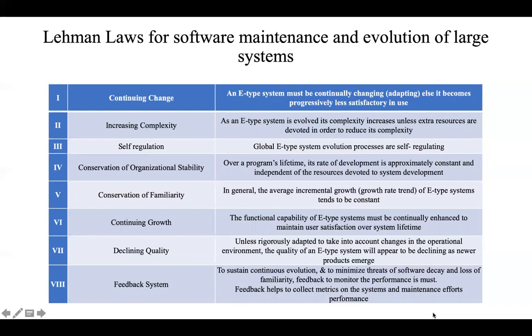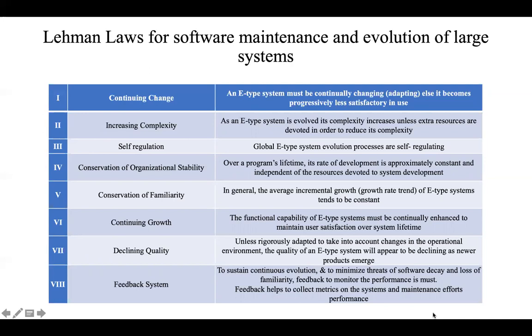First is law of continuing change. They have given something called E-type. E-type system is nothing but an embedded type system. This is the final type of system proposed by Lehman, generally called E-system, embedded type system. E-type programs is also a terminology which you can use. All the programs that are addressing a problem or activity of the real world are normally termed as E-type programs.